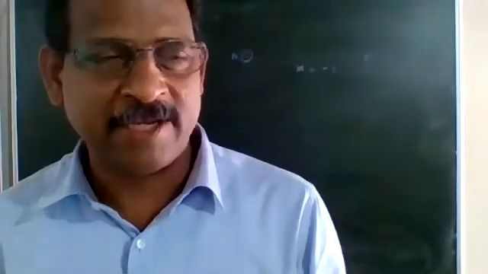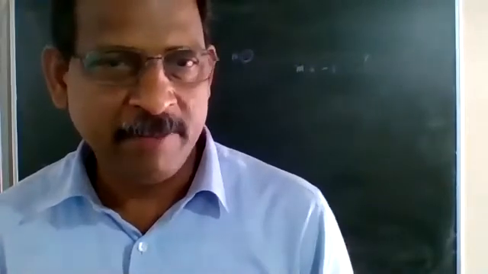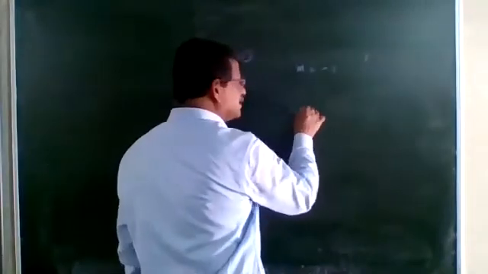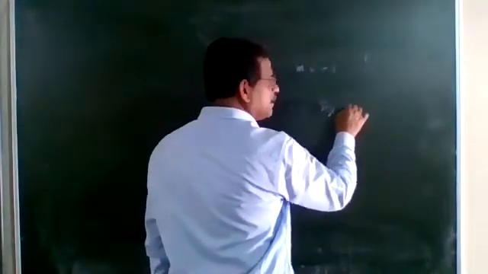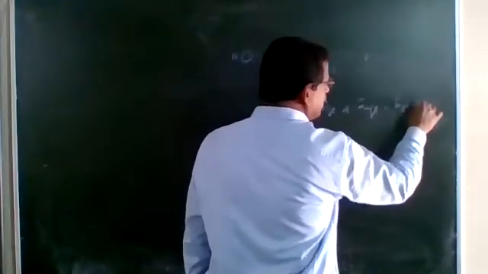All the points you should know. So the minus sign means it's a real image. 1 indicates that the size of the image is equal to the size of the object.